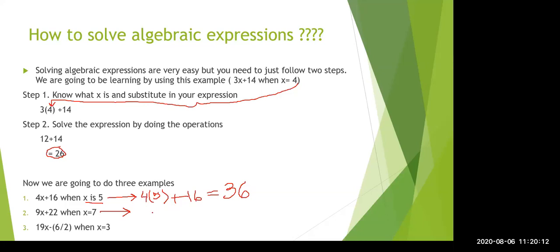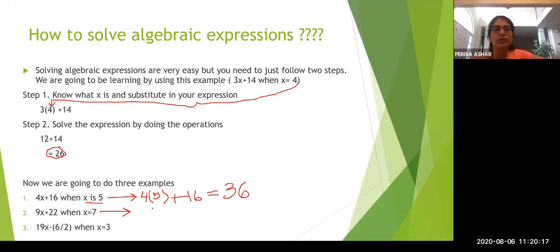Go ahead. When we have the variable x equals 7, we plug that into the expression. So 9 times 7 is 63, and 63 plus 22 is 85. And I see Avi put that in the chat, so good job, Avi. That is the correct answer.